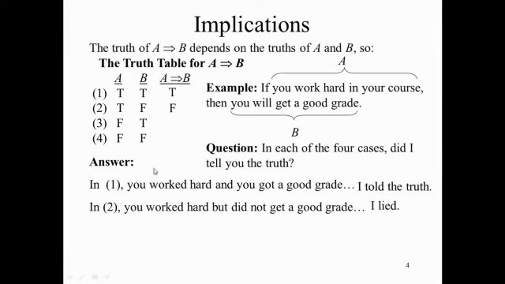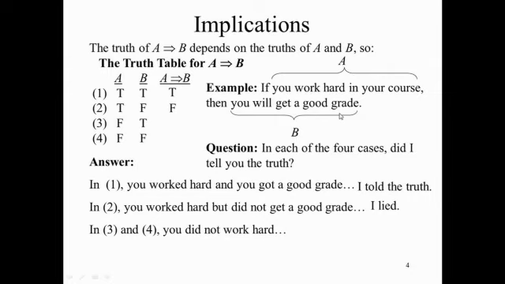Let's turn now to rows 3 and 4. In both rows 3 and 4, the statement A is false. In the context of this problem, that means you did not work hard. I said, if you work hard in your course, then you will get a good grade. I did not say anything about what would happen if you did not work hard in your course.